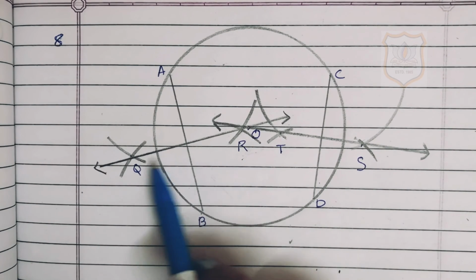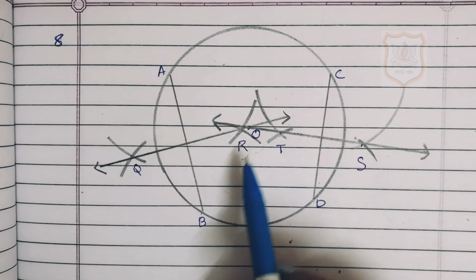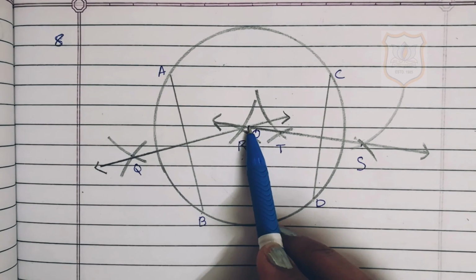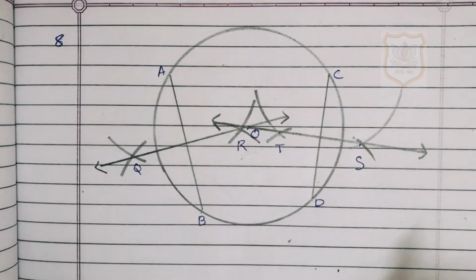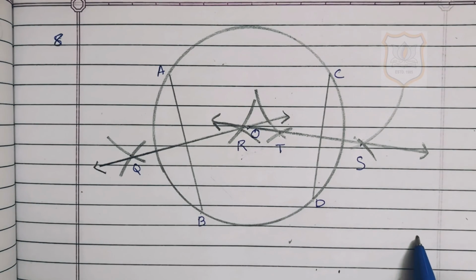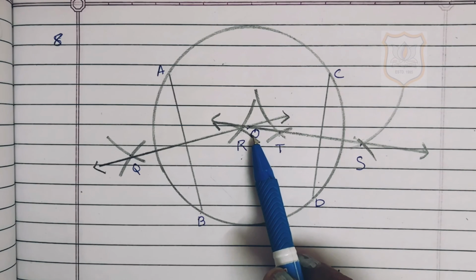So line QR and line ST meet each other at point O, which is the center of the circle. So students, in this way we have constructed the perpendicular bisectors of the chords and they meet at the center of the circle, that is at point O.